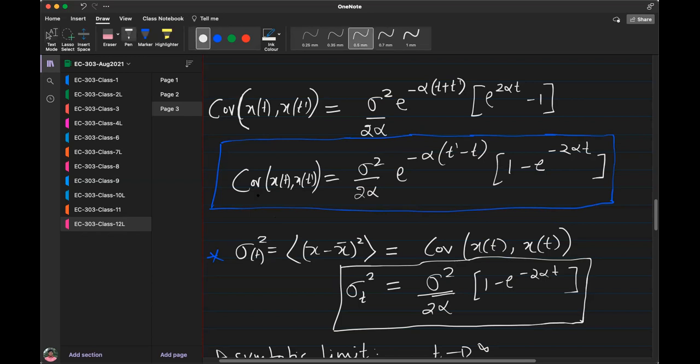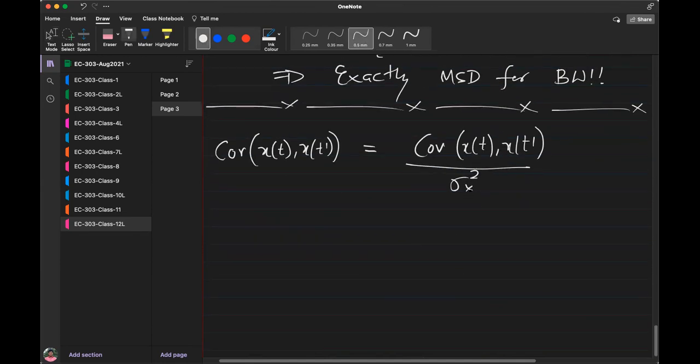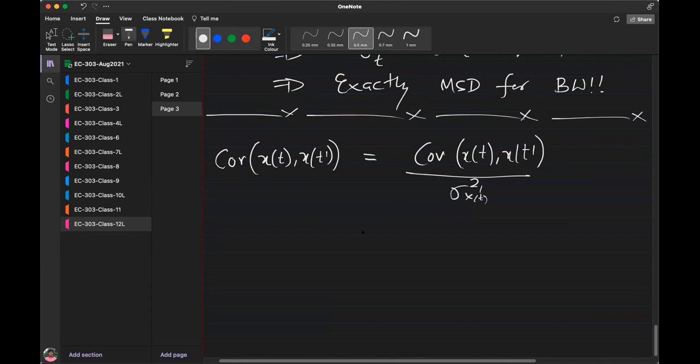If I now divide the covariance by sigma t square, these terms will go away, and these terms will also go away. What you are left with is just this. As I told you, I have done a small amount of cheating here.